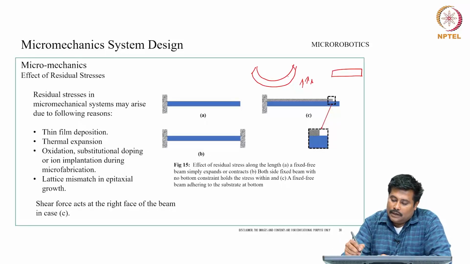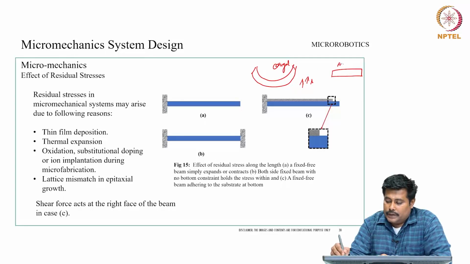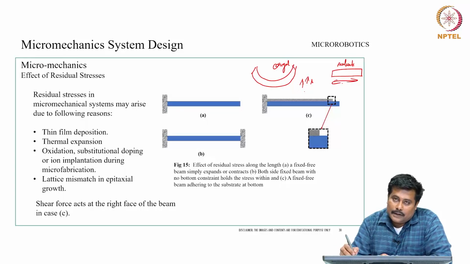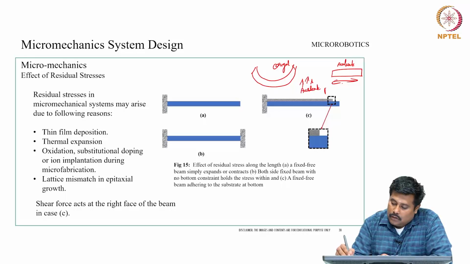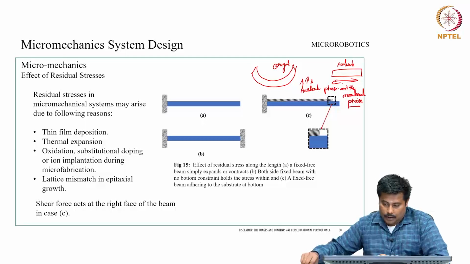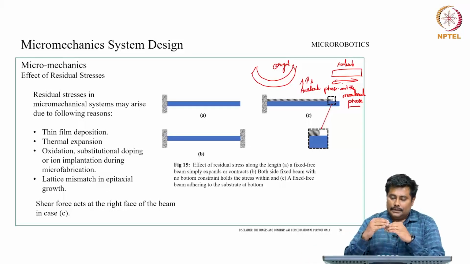So, in the original condition it is curled, and in the actuated condition it becomes straight. This is something like switching between the austenite phase and the martensite phase.